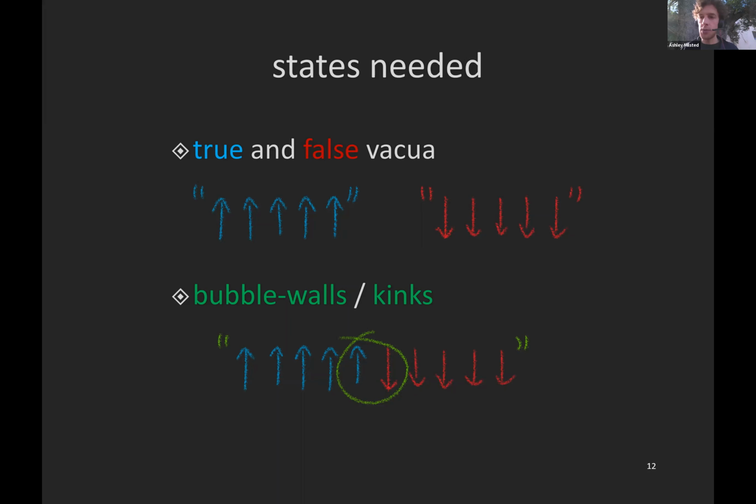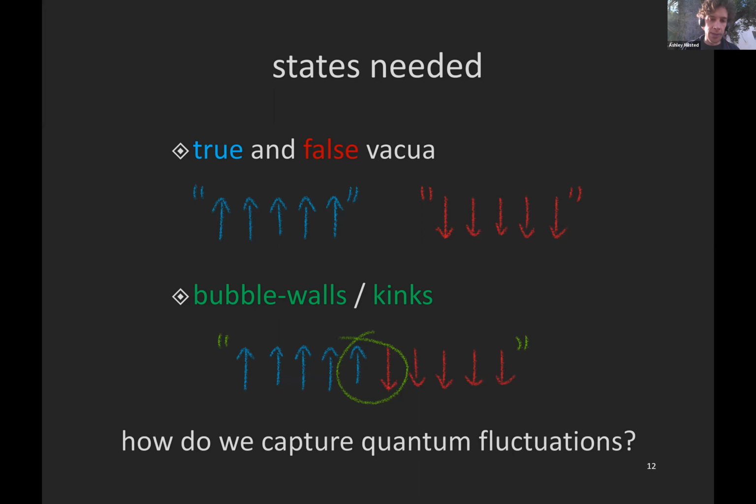So to do all this, we'll need representations of the following states. We need to understand the true and the false vacua of these spin chain models, and we need states representing the bubble walls, and of course, ultimately the entire bubble. Now, this is an interacting system, and it's a quantum system with quantum fluctuations.